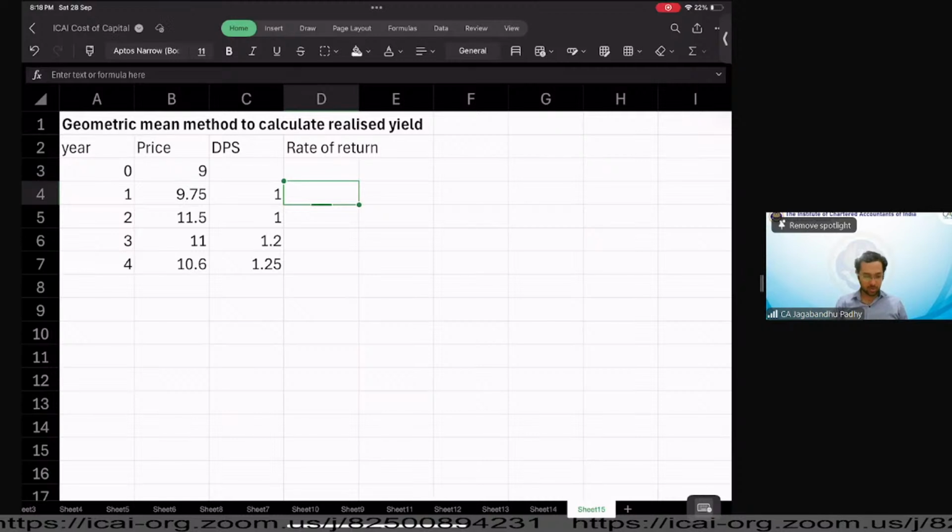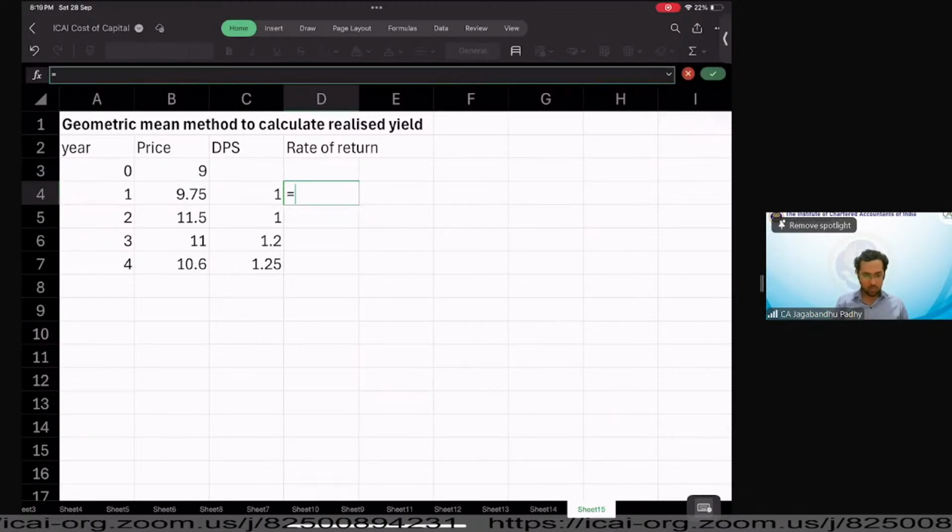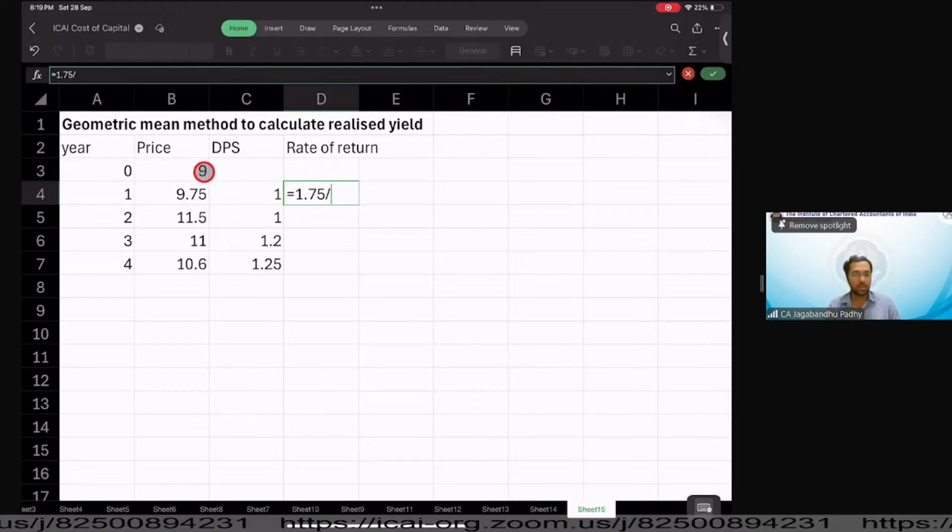Correct? So rate of return, can I say it is 1.75 is what we are earning on an investment of, in the 0th year, what was the price? 9 rupees, right? So suppose I purchased the share at 9 rupees and now the share price is 9.75. So obviously 0.75 is the rise in the price, plus also I received 1 rupee.